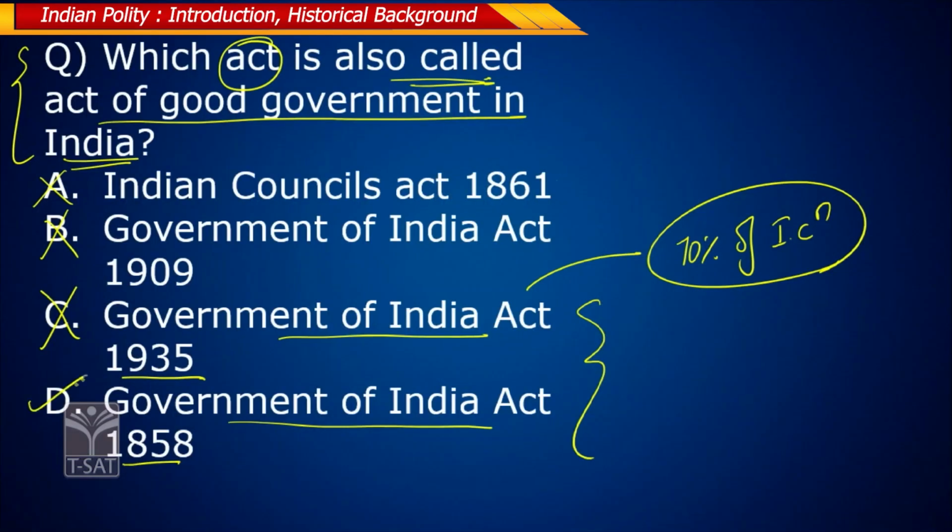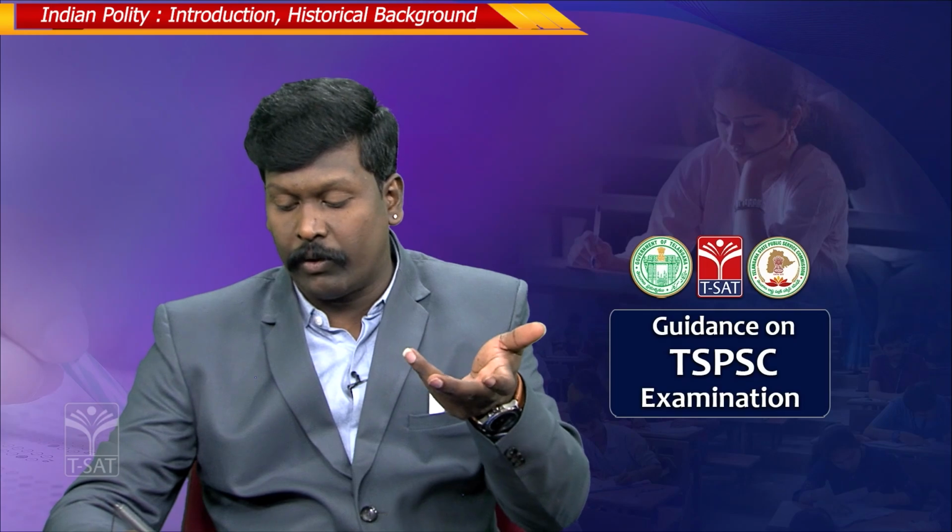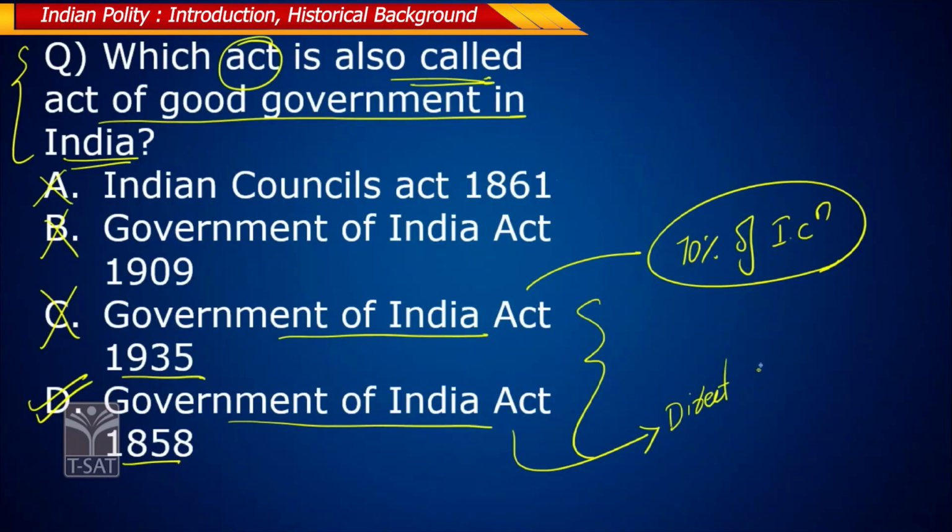The answer is the Government of India Act 1858, because it is the first act given by the British Parliament after taking direct control from the East India Company.